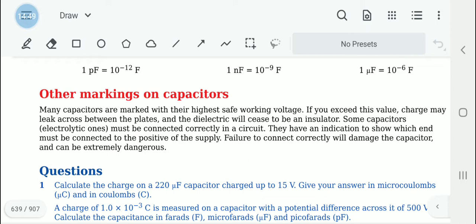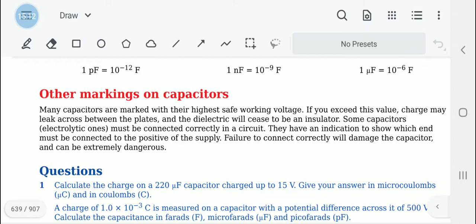So if there are electrolytic capacitors, they have to be connected appropriately, in the sense that which end needs to be connected to the positive supply should be done properly. They cannot be fixed either way.